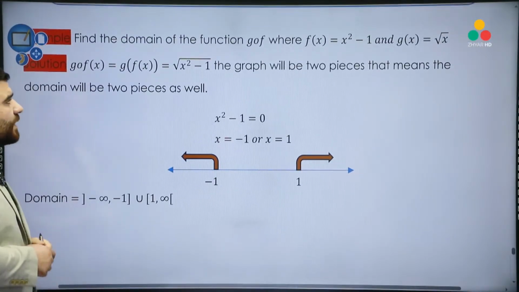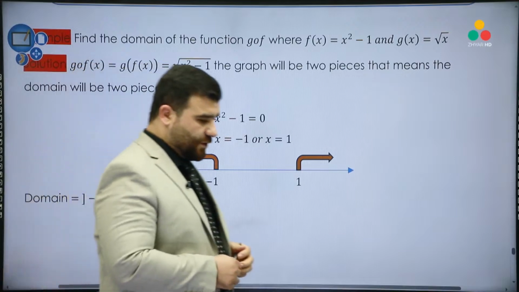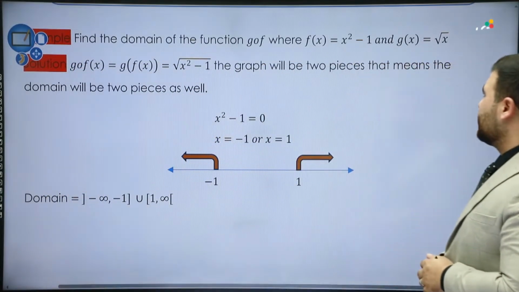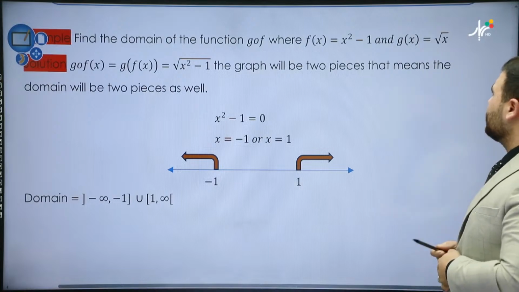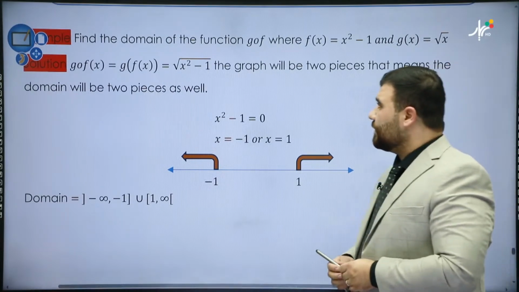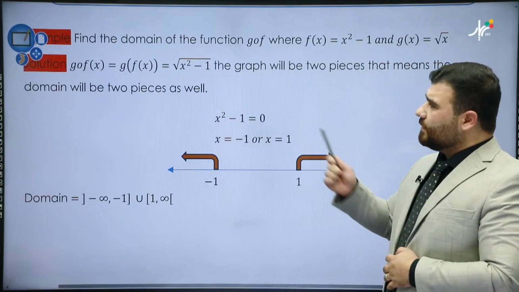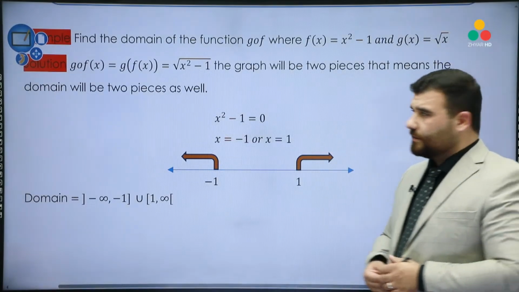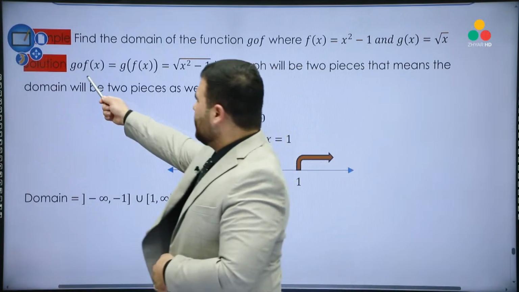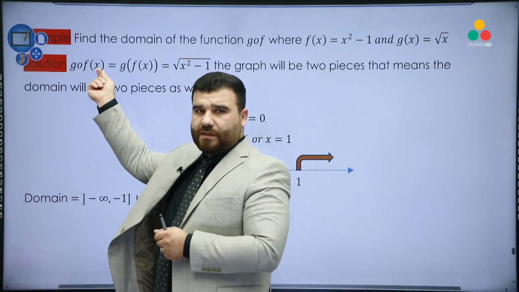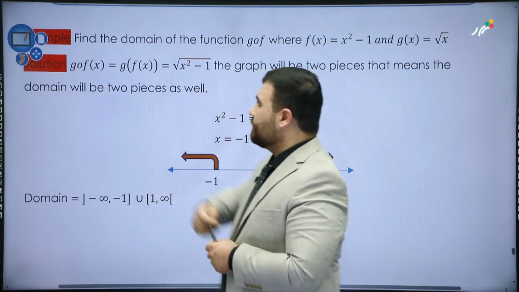Okay, example. Find the domain of the function where f(x) is equal to x squared minus 1 and g(x) is equal to square root of x. Then, firstly, we need to find g of f. G of f means put function f completely in g in place of x.